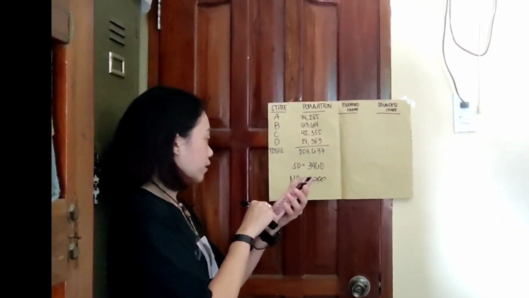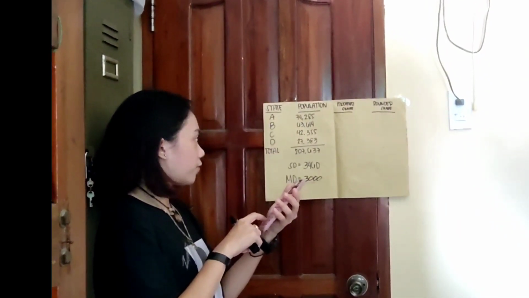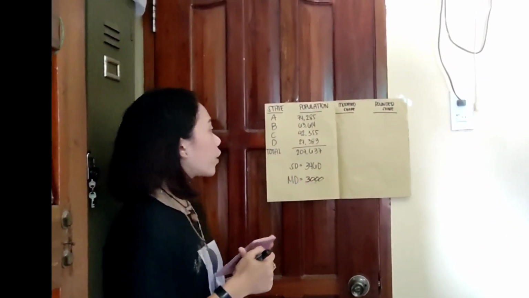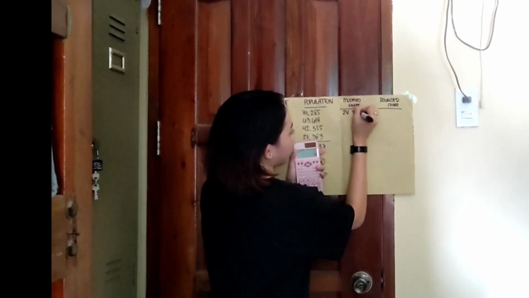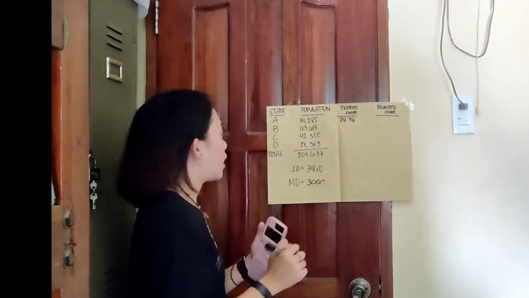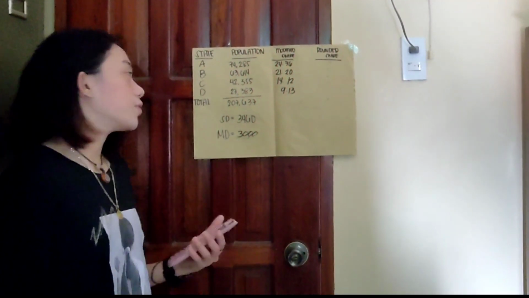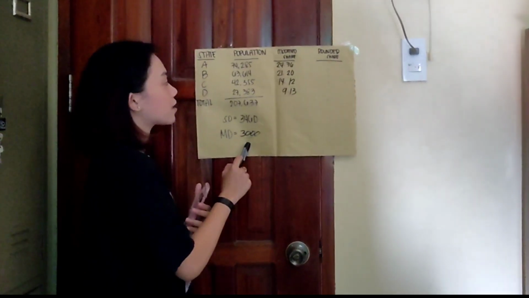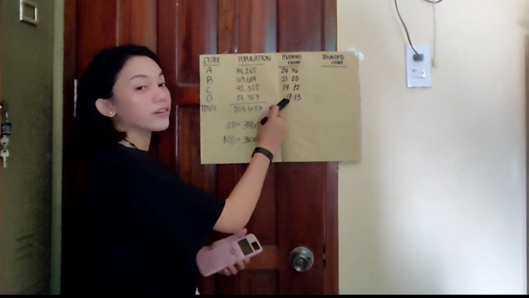So 3,000 divided by 74,285 is 24.76, and 0.76 and 63. I calculated all of 3,000 divided by the population, and this is all the result.